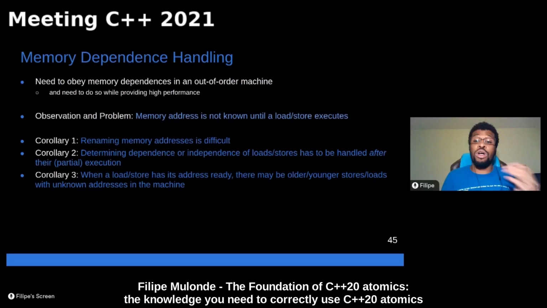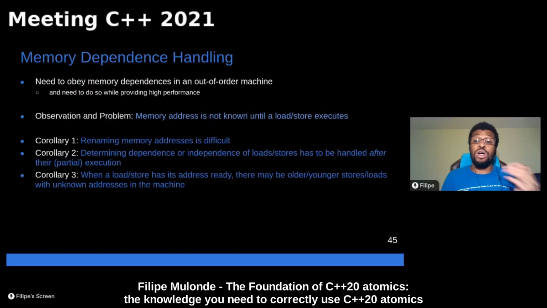So the observation and the problem: the memory address is not known until a load or a store executes. Let's understand this a little bit. When the operands of an instruction are only registers, we know which register we need to access. We know the IDs of the registers at the decode stage. It's static. We don't need to compute anything to get the IDs of registers.